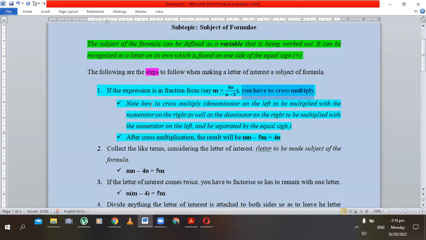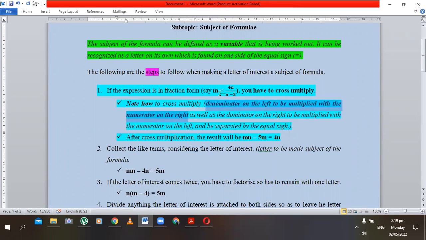So now here I have given a write-up of how to cross multiply. You're going to have the denominator that is on the left multiplied with the numerator on the right. It's very important. You get to have a denominator on the left, and you multiply it with a numerator on the right.